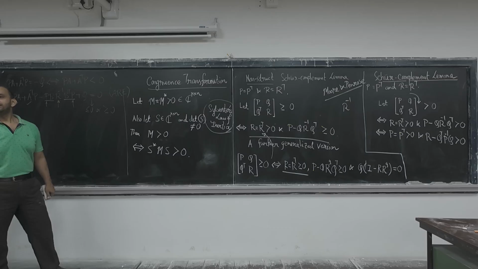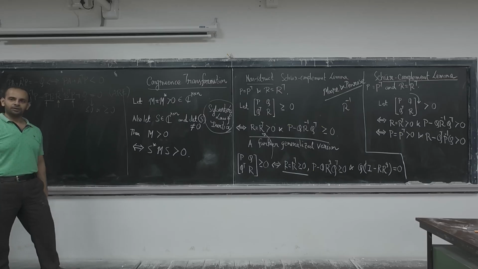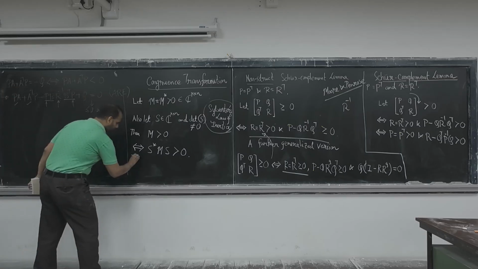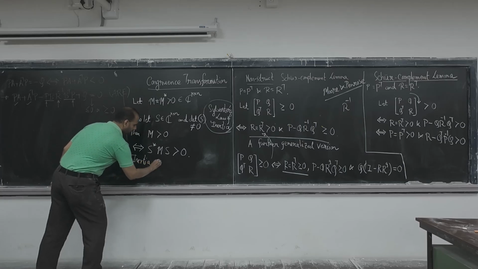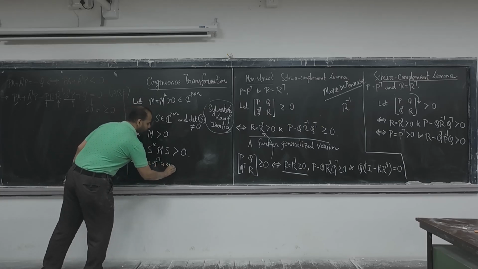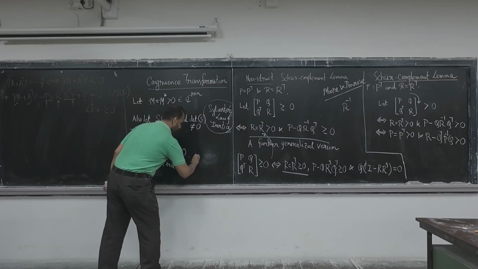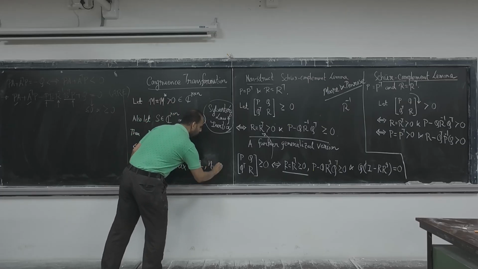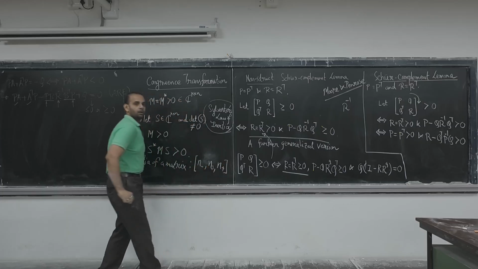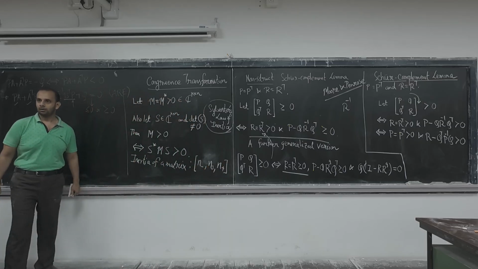Can anybody tell me what you mean by the inertia of a matrix? It is generally represented by n minus, n0, n plus. What does that mean?